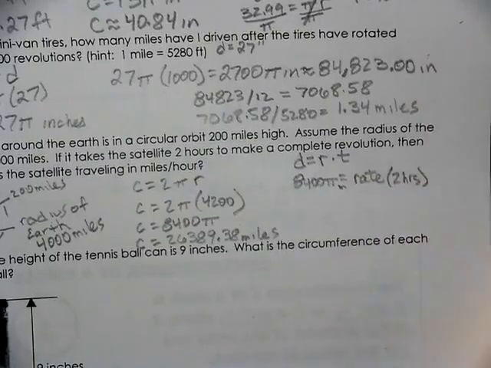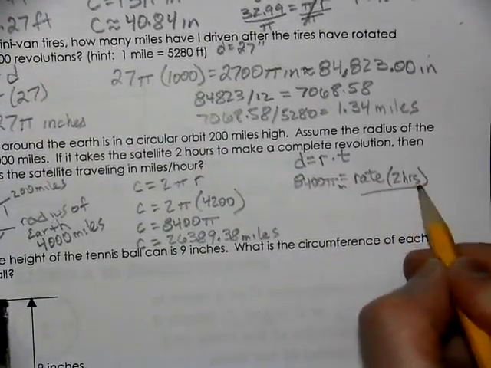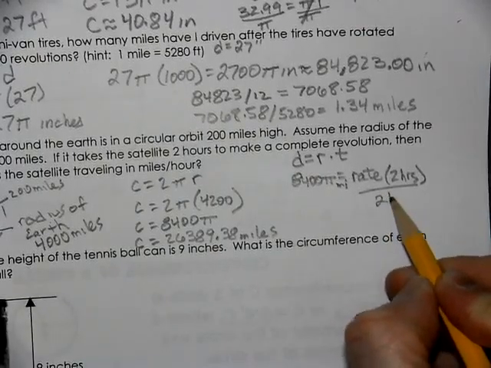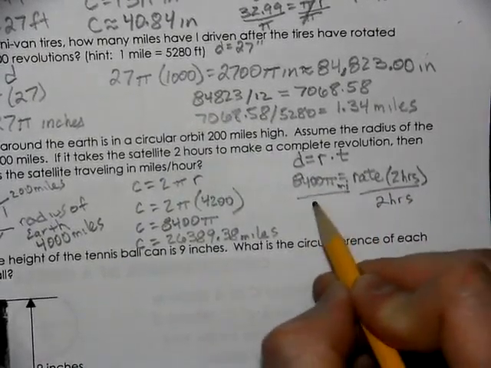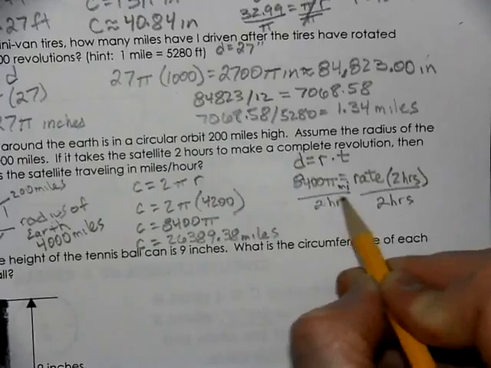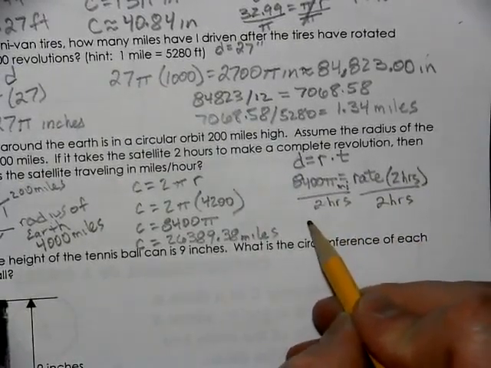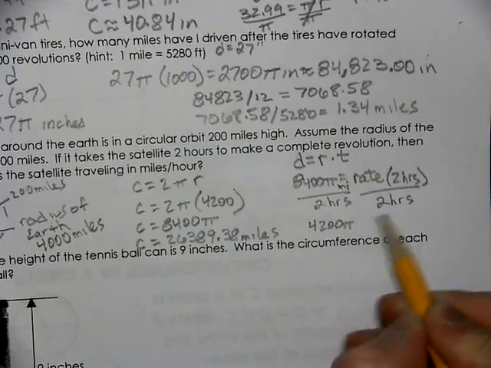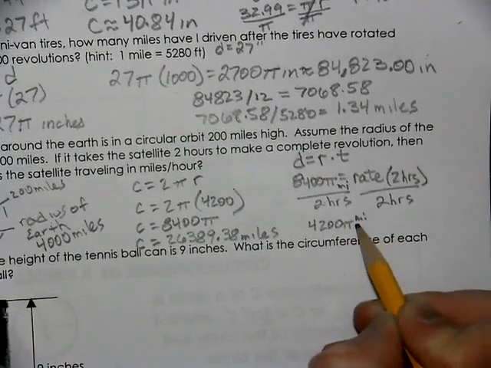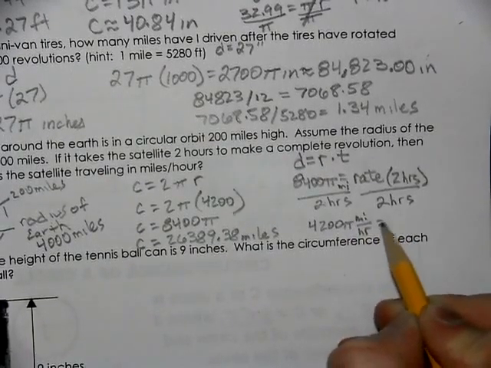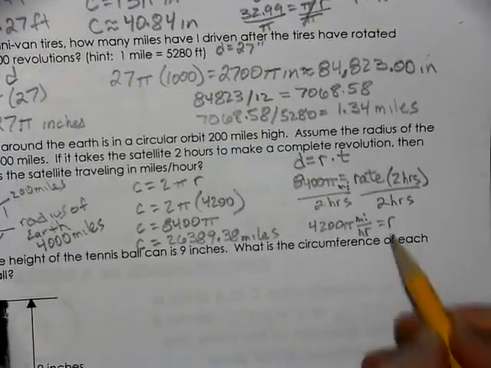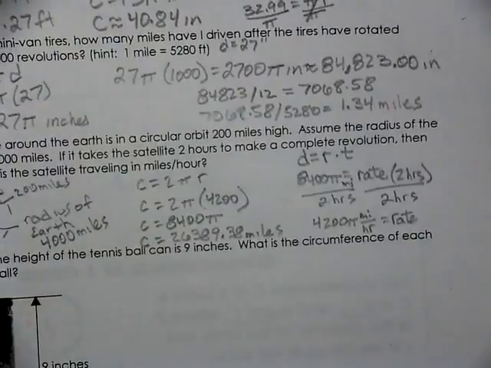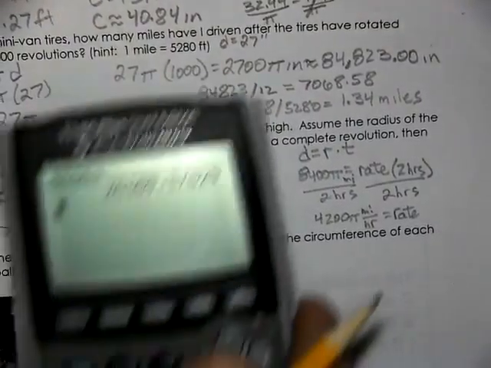These are miles. So we're going to divide by the 2 hours. And now you'll see that we'll get 4,200 times pi miles per hour. So that's a rate. That's the speed in which the satellite is traveling.